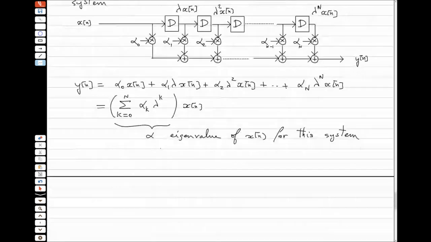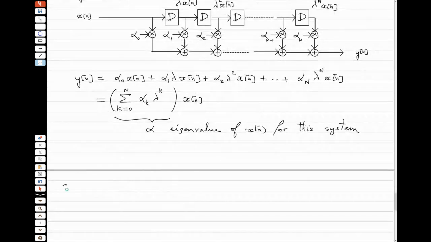All right, so now I'm going to consider case 3. I'm going to consider any LTI system. Let's say I'm going to call it alpha. Can we find an eigenvector for case 3?